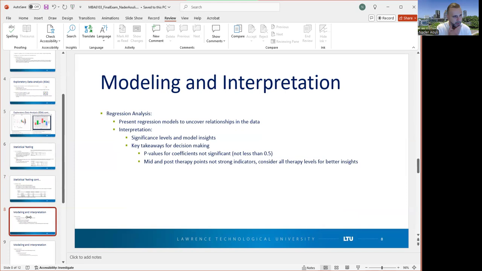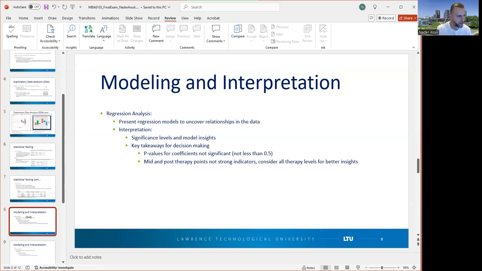Now looking at modeling and interpretation, the regression analysis presents regression models to uncover relationships in the data. As we interpret this, the significance levels and model insights are as follows.